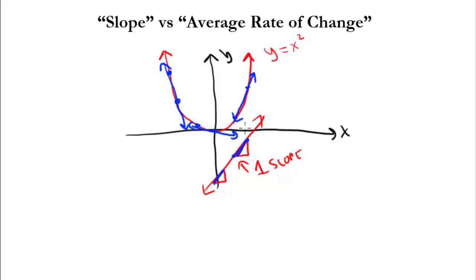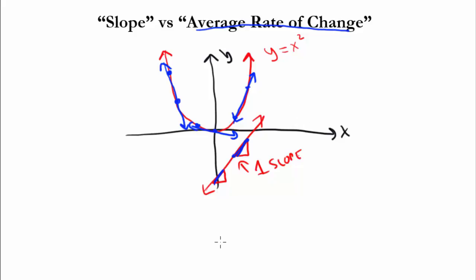So we're not able to say that this quadratic function has one slope, but it does have a bunch of these different things that we could measure between 2 points. That's what average rate of change is. It's nothing more than slope, but slope measured on non-linear functions, on things like y equals x squared.